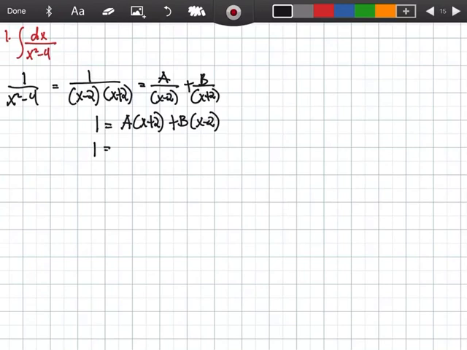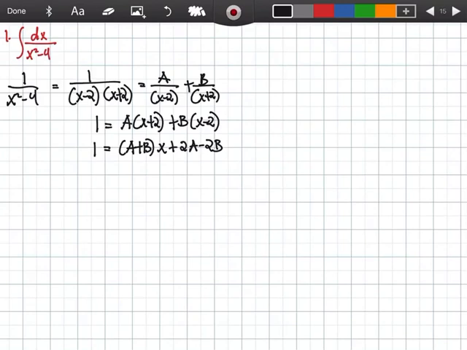What is the x term? That is ax plus bx, so we can write it as a plus b times x plus 2a minus 2b. Now, we're going to equate, class, the coefficients of like powers.